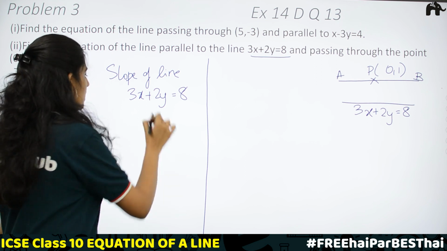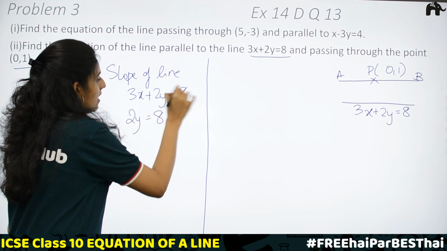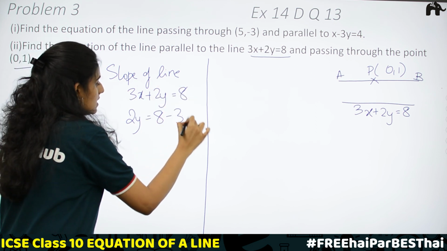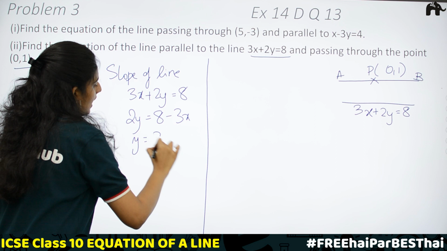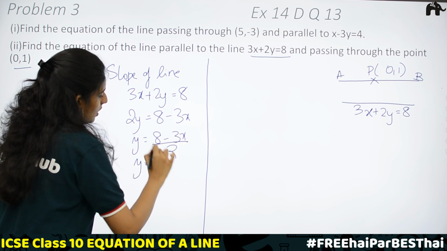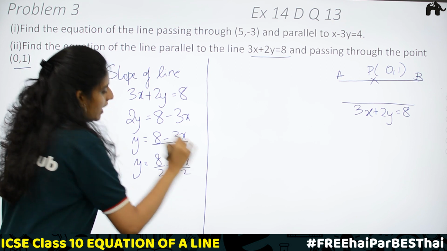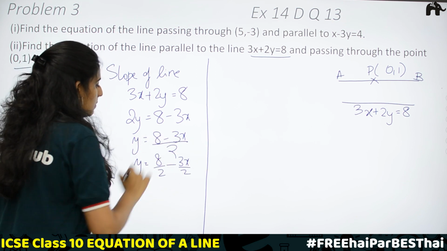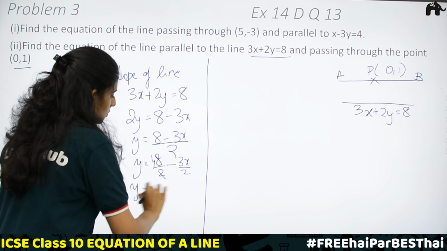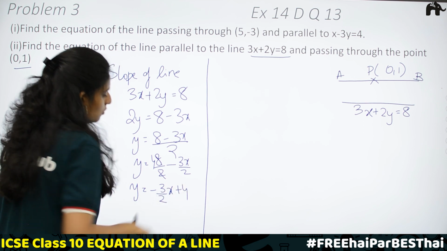How to find? 2y is kept in the left hand side, right hand side we have 8. 3x taken to the right hand side, minus 3x, and y is equal to 8 minus 3x divided by 2. That is y is equal to 8 divided by 2 minus 3x divided by 2. What is 8 by 2? 8 by 2 we get 4. Then y is equal to minus 3 by 2 x plus 4.